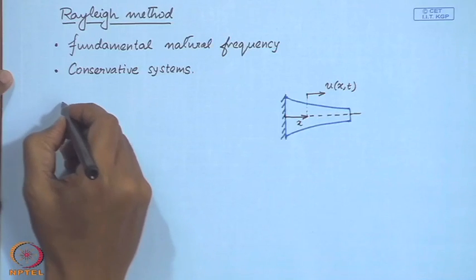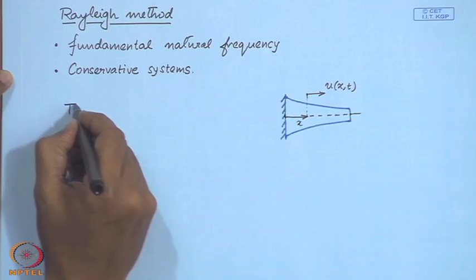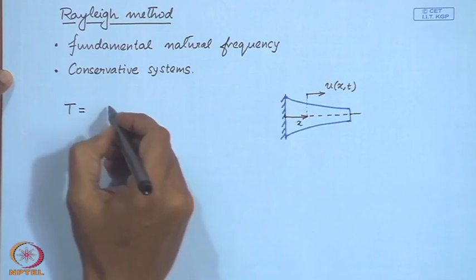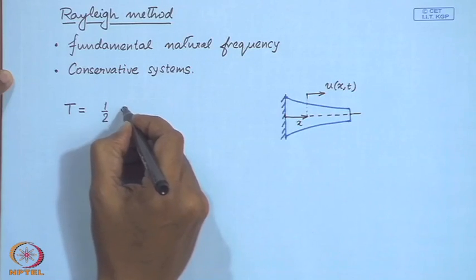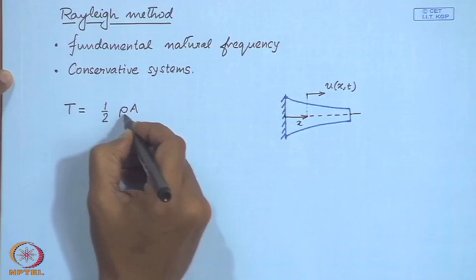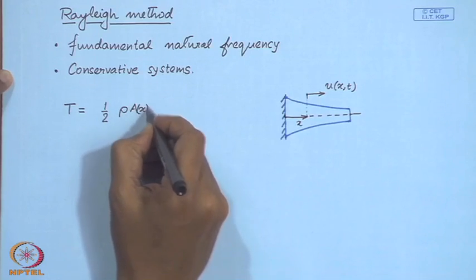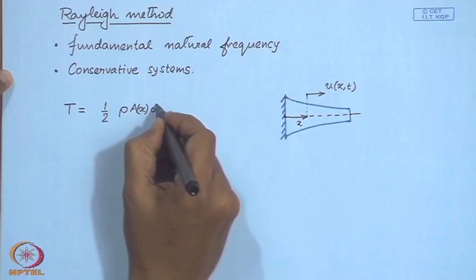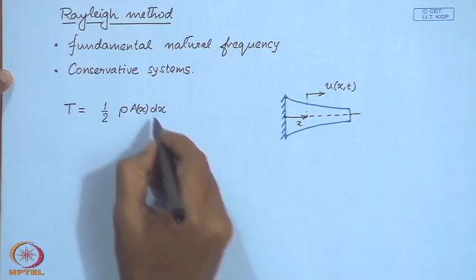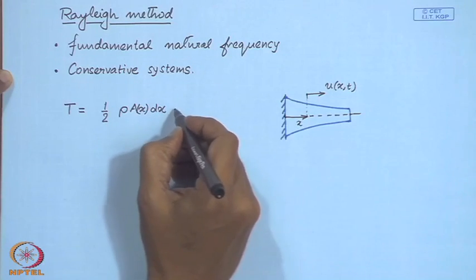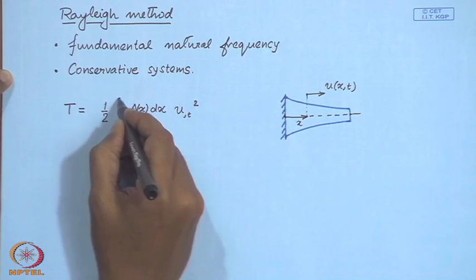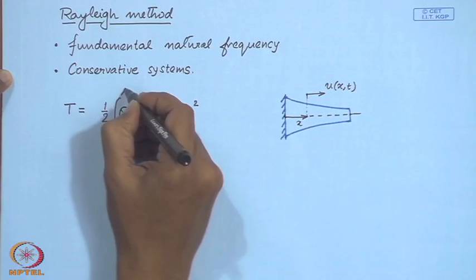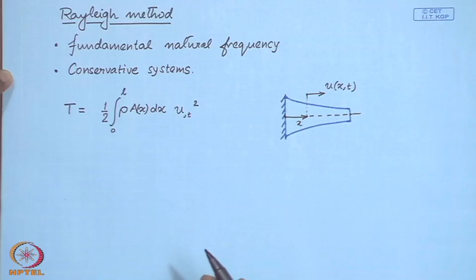We write the kinetic energy as 1/2 the density of the material times the area of cross section times an elemental length times the velocity square. Now, this is integrated over the domain of the bar. So, that is the kinetic energy.